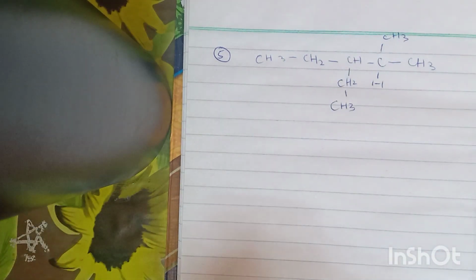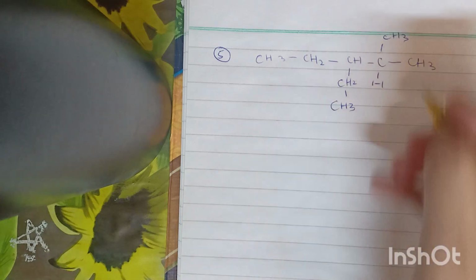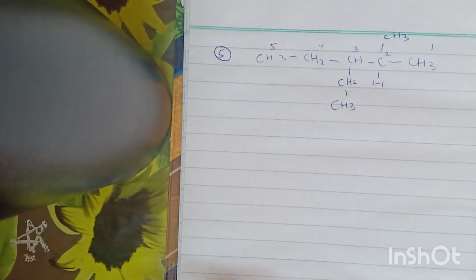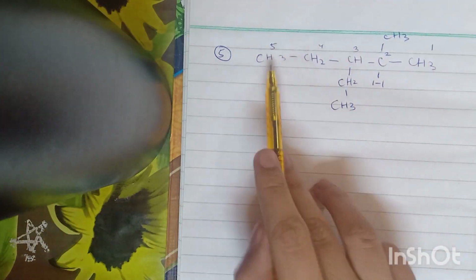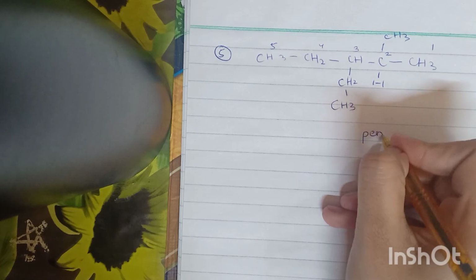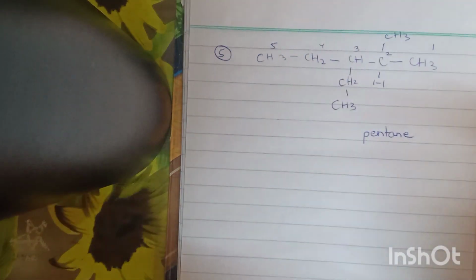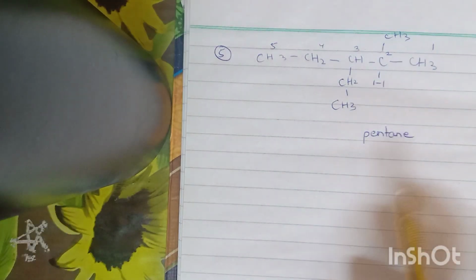First of all, what we have to do is number the carbons, right? So it is 1, 2, 3, 4, 5. And what is a 5 carbon chain? Meth, eth, prop, but, pent, right? And we have single bonds, so it will be ANE. Wherever you see a single bond, just close your eyes and put ANE: pentane here.